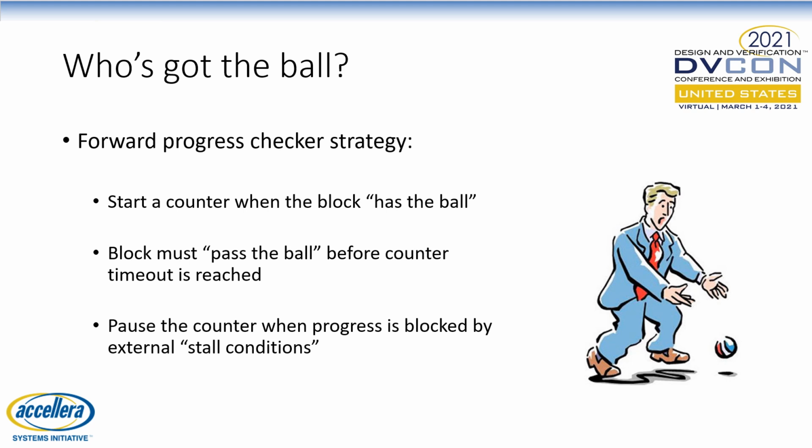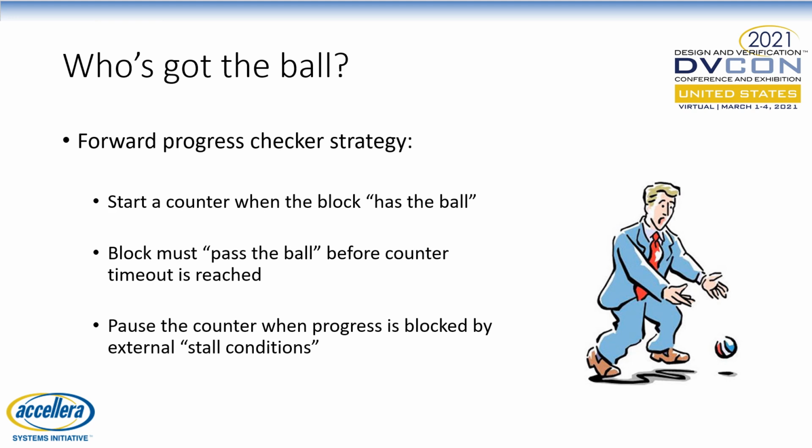A formal checker for deadlock models when the design under test has the ball. For example, when a block has received more input transactions than responding send transactions, then the design has the ball. It is expected to make forward progress and generate an output transaction to pass the ball within a finite amount of time.